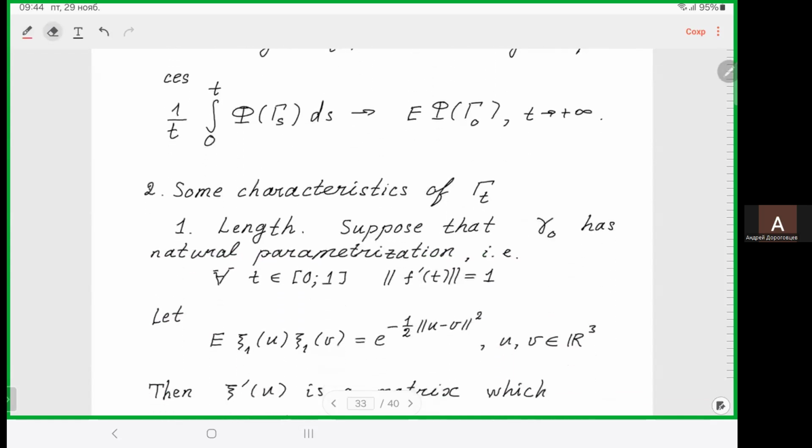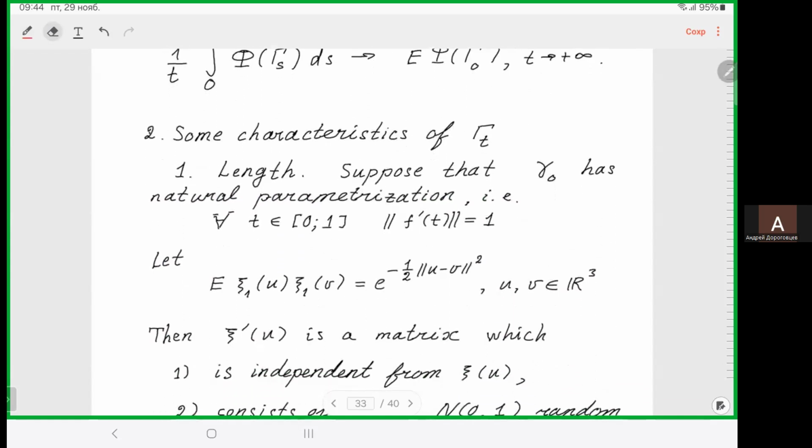Let's start with a very simple characterization. This is the length of the obtained random curve. Suppose that our initial gamma 0 has natural parameterization, so it has a derivative whose norm is equal to 1.